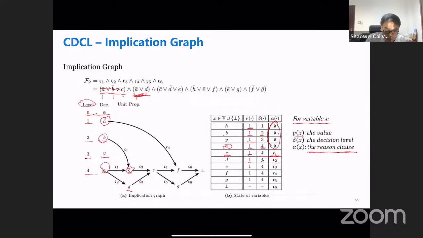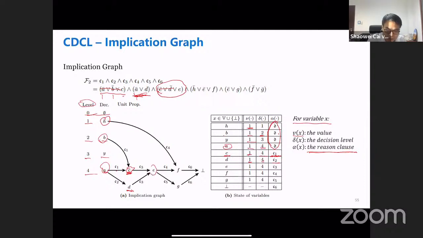Then after C and D are implied, together in the third clause, they make the third clause become unit. C and D are both assigned to true, so they are eliminated from this clause, making clause 3 unit.